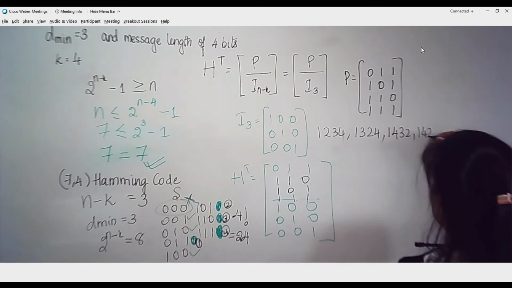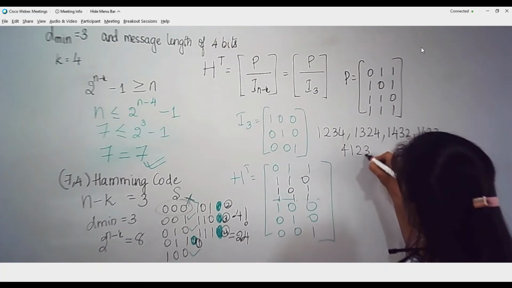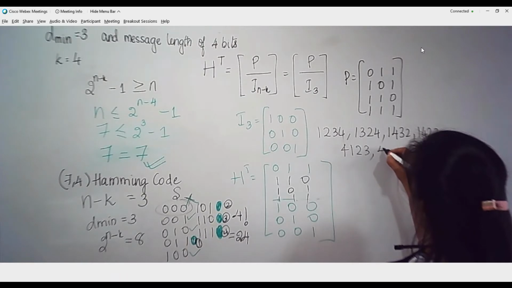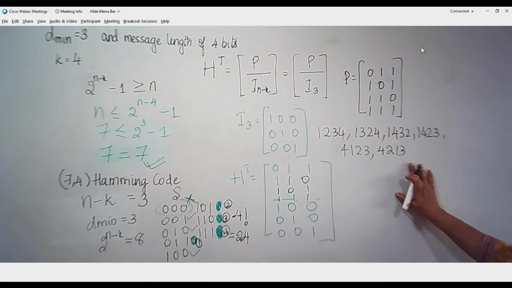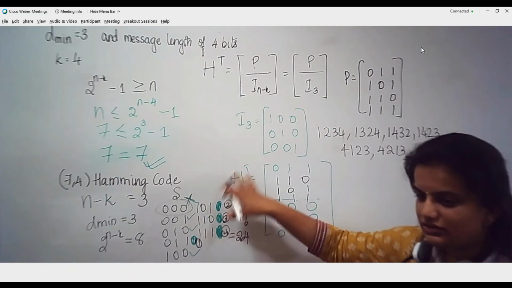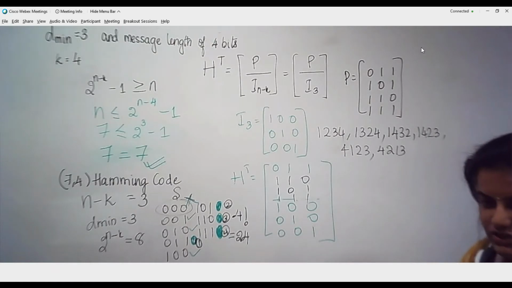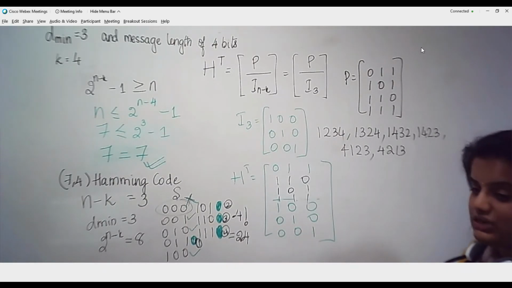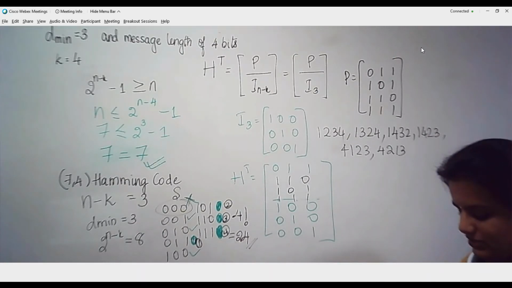Then 1, 4, 2, 3. 4, 1, 2, 3. 4, 2, 1, 3. Like this, there are multiple combinations possible. I am trying to give you an idea that if you write all possible scenarios, you can get up to 24 different combinations to represent a parity matrix.